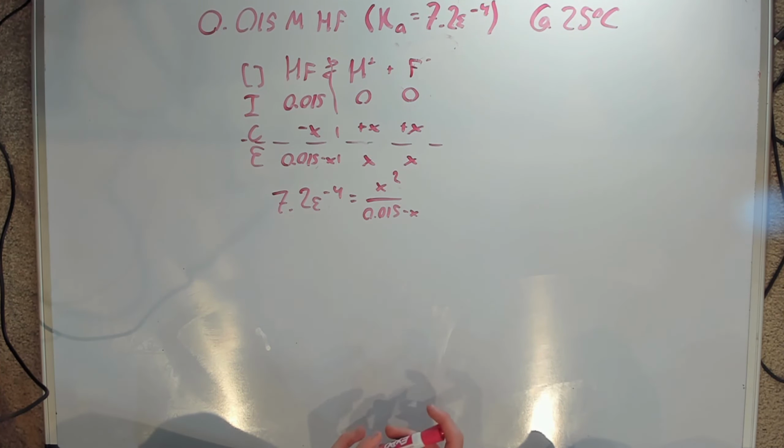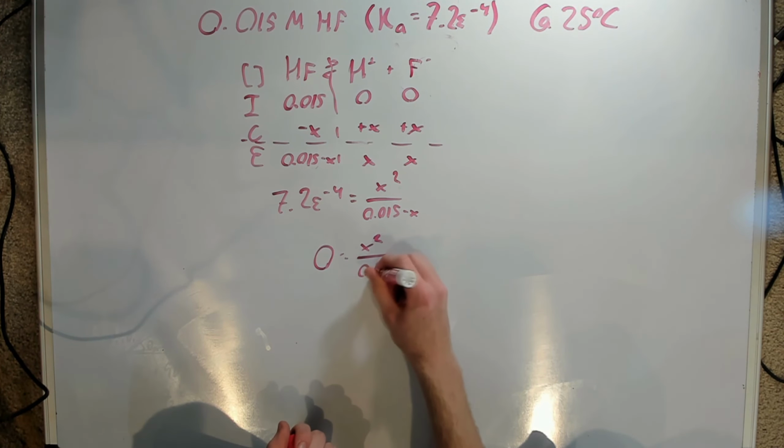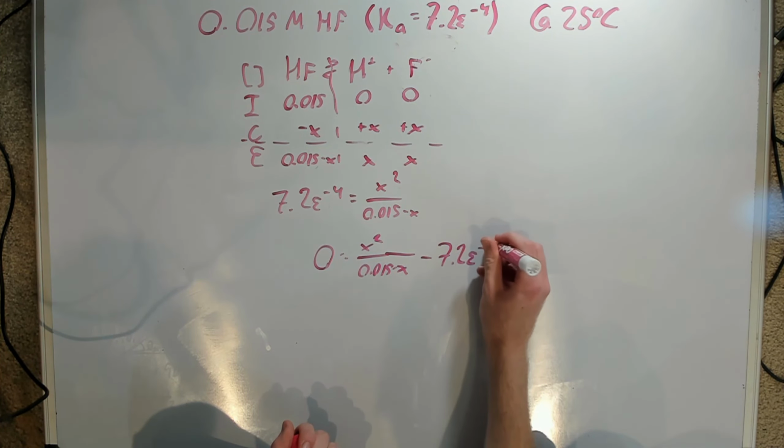Why you can even do that is because the AP graders want to test you on your ability to do chemistry, not your ability to do algebra. And this would be some intense quadratic equation nonsense that we don't need to deal with, where we'll get an answer of something insane. Now, if you have a graphing calculator, go ahead and go for it. Just plug this in for 0 is equal to x squared, 0.015 minus x, minus 7.2 e to the negative fourth.